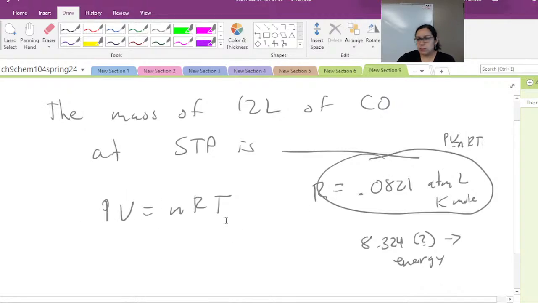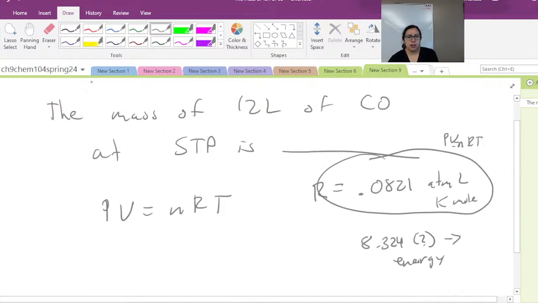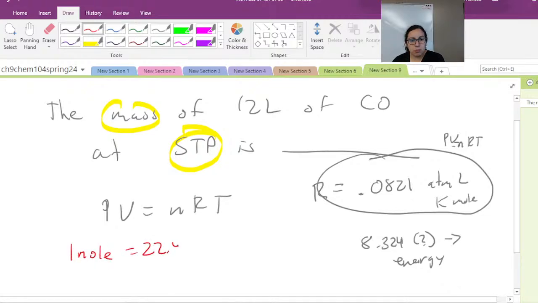But the PV equals nRT method, while it isn't wrong, a lot of people were doing way more work than what I was going for with this problem. The shortcut is that it's at STP, and it's asking for mass. We know that STP is, by definition, 1 mole is 22.4 liters.